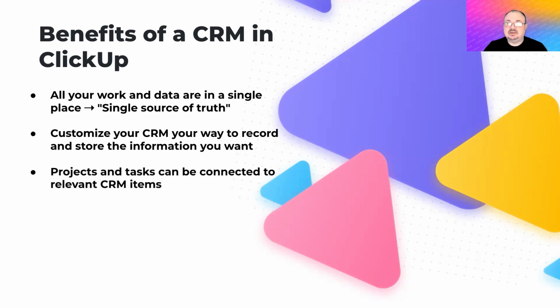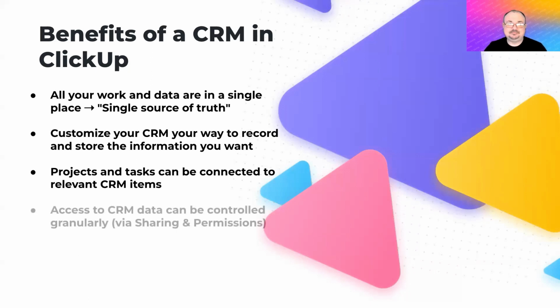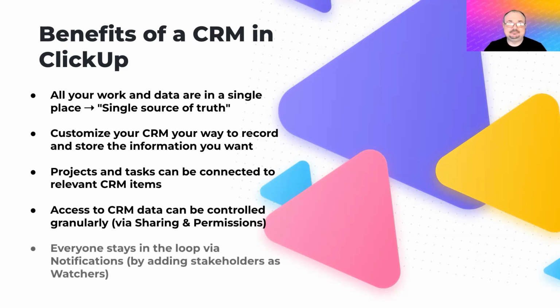Projects and tasks in ClickUp can be connected to relevant CRM items. So, for example, if you're doing work for a client, you can link from a task related to that work to the client's record in your database. Access to CRM data can be controlled very granularly using the sharing and permission settings for each location.